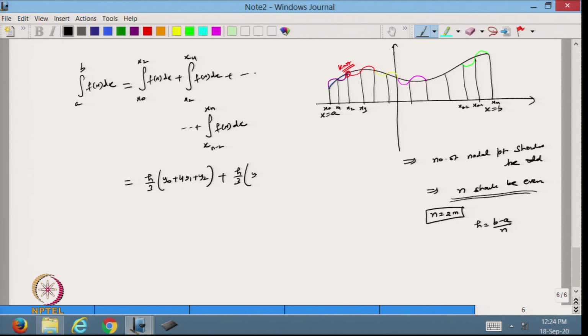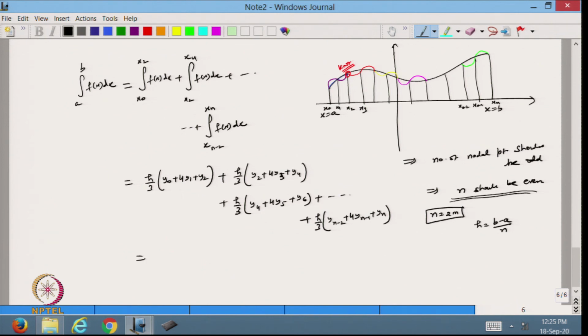So here I am getting y2 plus 4 times y3 plus y4, then plus h by 3 times (y4 plus 4 times y5 plus y6) and so on, and in the end I will get h by 3 times (y(n-2) plus 4 times y(n-1) plus yn). So this is the composite formula for the Simpson.